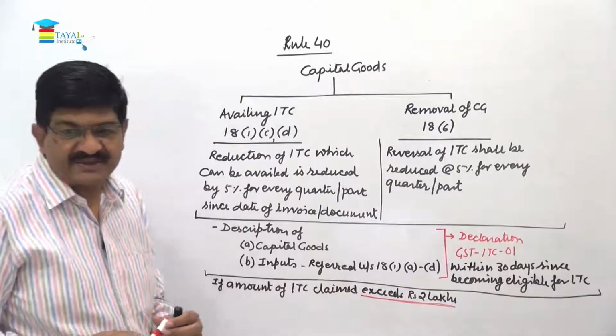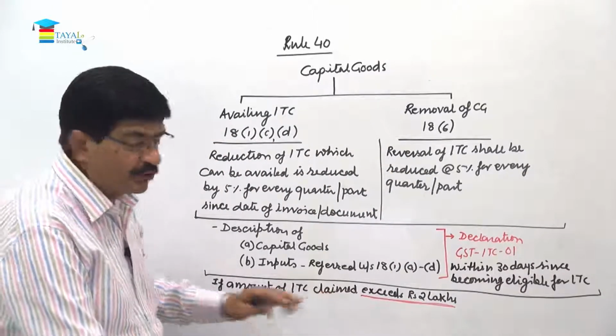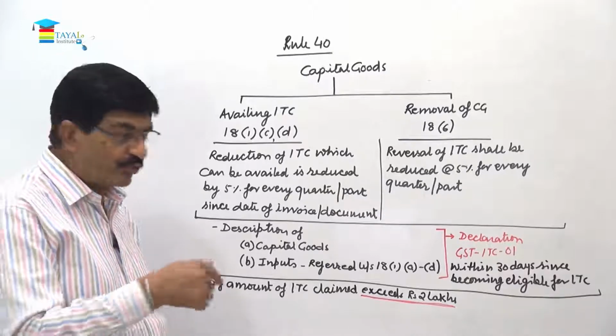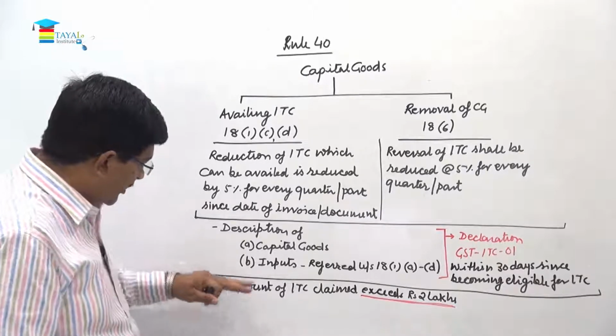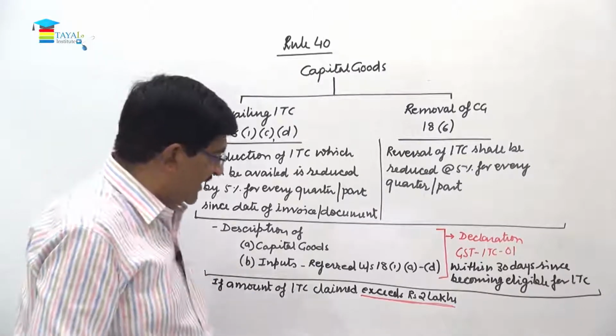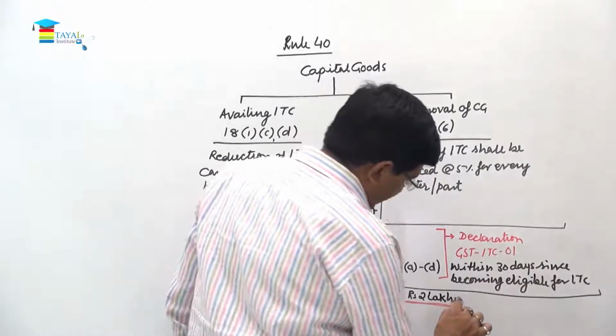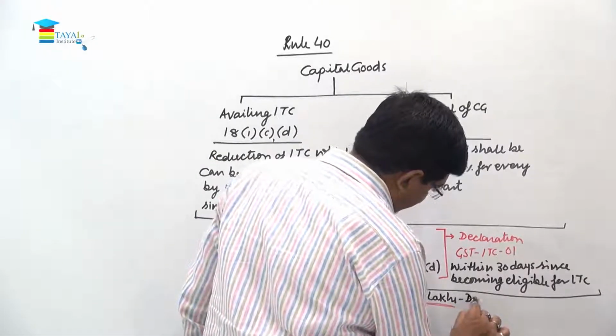If it is exactly 2 lakhs, this provision will not be applicable. If it is more than 2 lakhs, the provision is applicable. So if the amount of input tax credit claimed exceeds rupees 2 lakhs, declarations shall be certified.